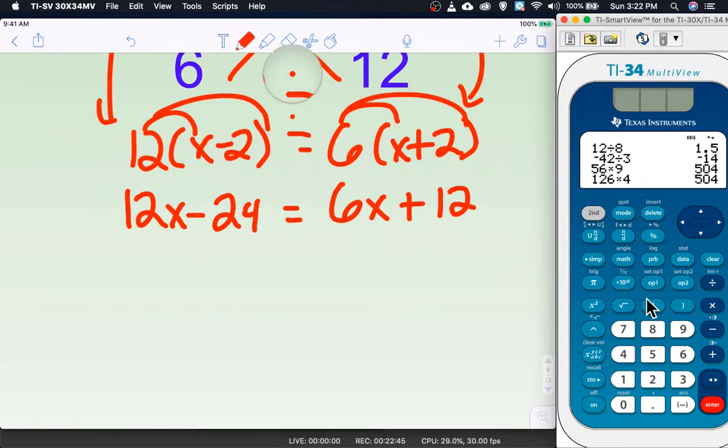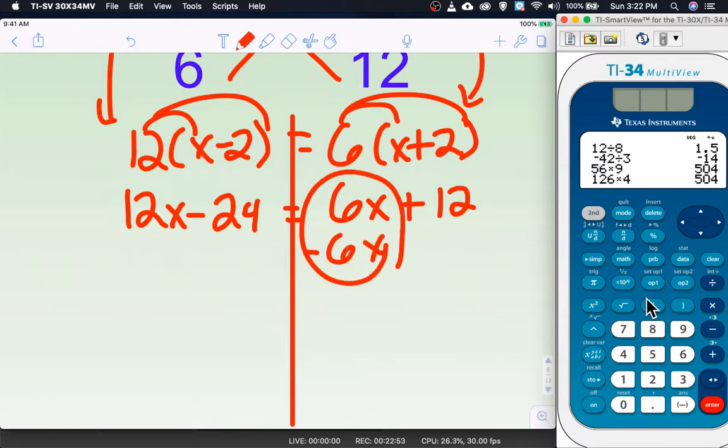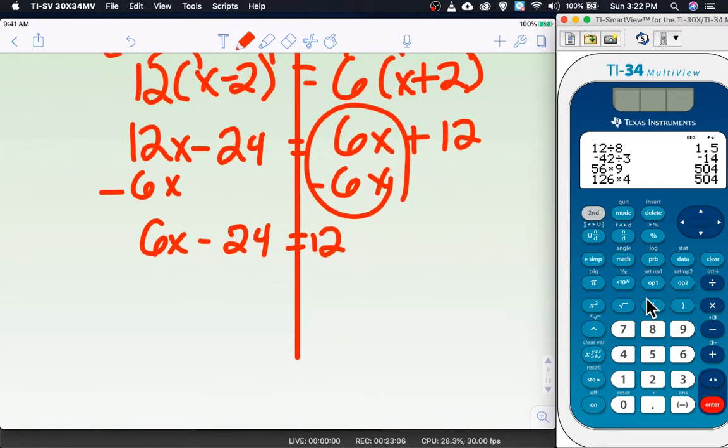I'm now solving. I'm getting the variable by itself. So I'm going to get rid of the variable on the right. I've got variables on both sides, so I'm going to subtract 6x on both sides, and we have 6x minus 24 equals 12. This is a two-step equation now. So we get rid of the add and subtract first.